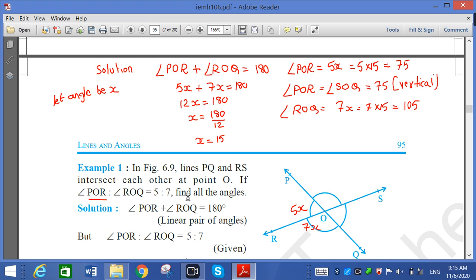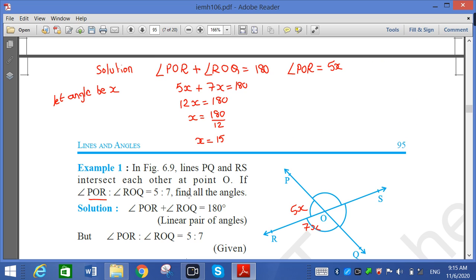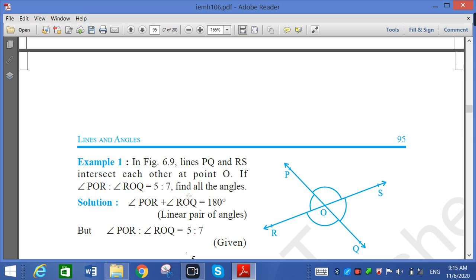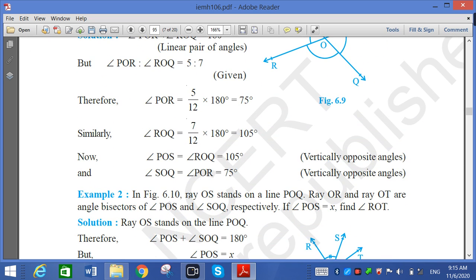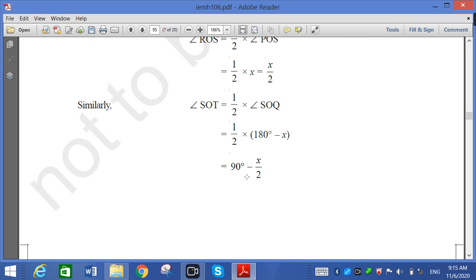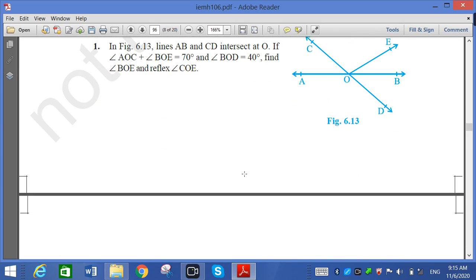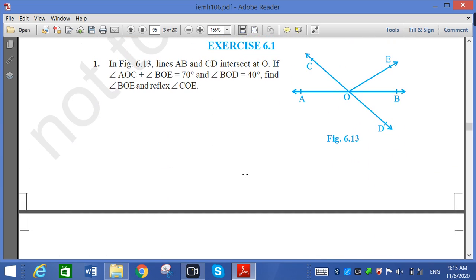It is easy. Now example 1, now we have to see the exercise. In the exercise we have to see the same type of sum. So we can get the same answer but in a different way. Now we have to start the exercise, question 6.1. In figure 6.13, lines AB and CD intersect at O, that is given. So two lines, that is AB and CD.